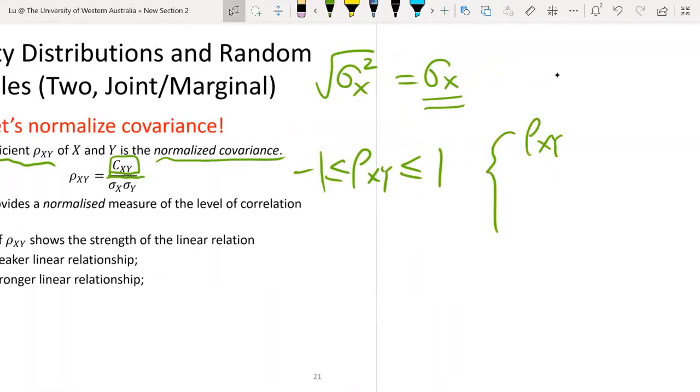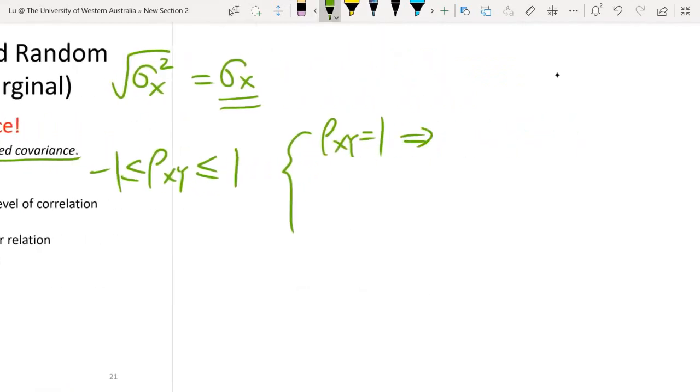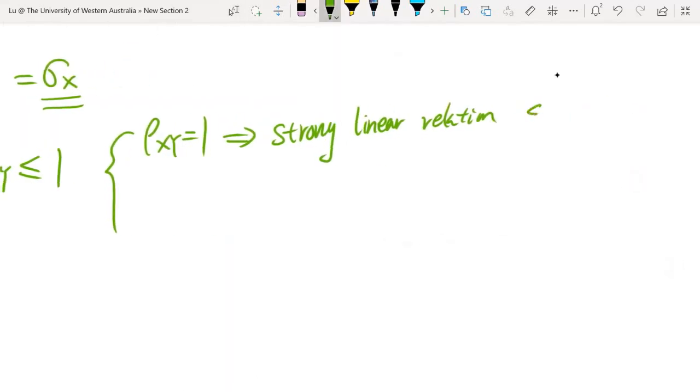If rho xy equal to the maximum value 1, this means very strong linear relationship between x and y, and the behavior of the x and y are similar because you got positive 1, okay?